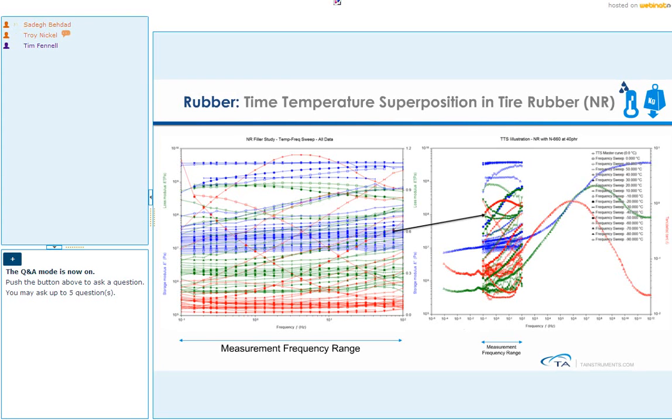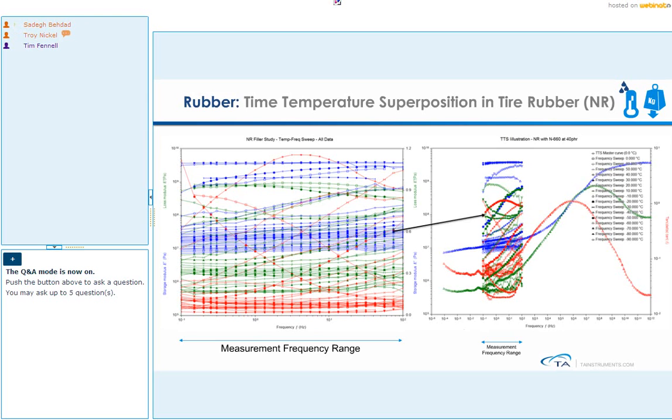The principle that it is based on is that there is an equivalency between temperature and frequency domains in polymers. So you can predict high frequency behavior by doing cryogenic testing at lower temperatures and also predict low frequency behavior by doing tests at high temperature.